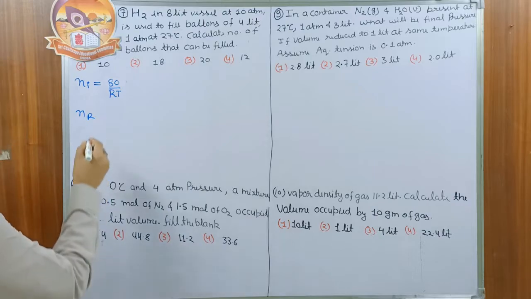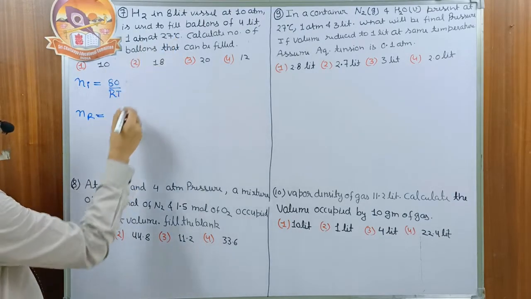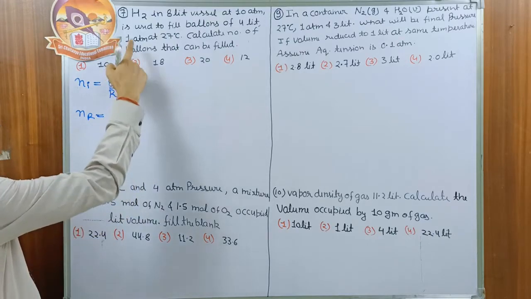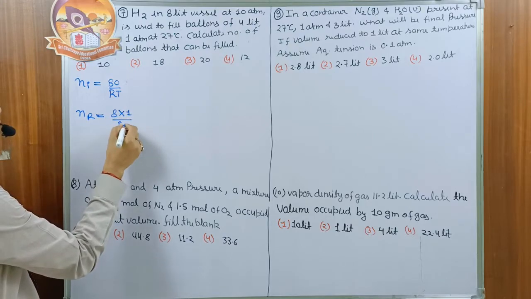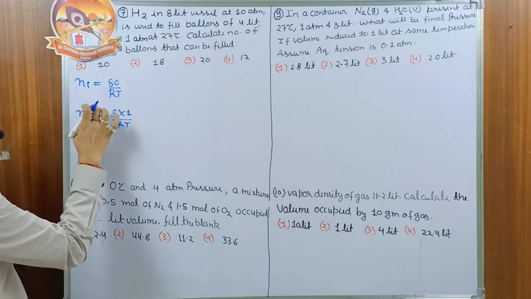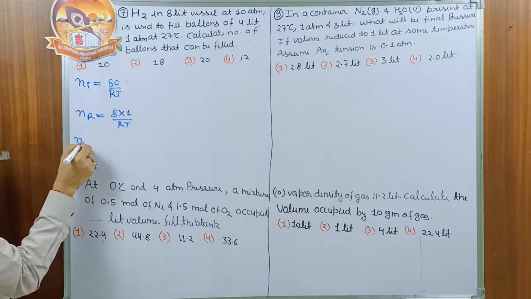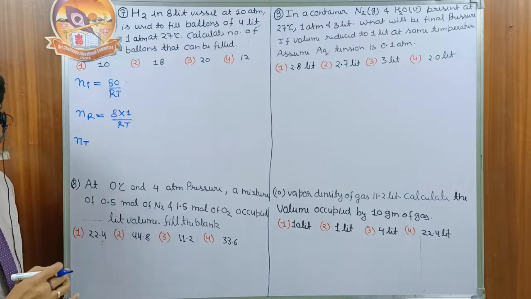The number of moles remaining: the volume is still 8 liters and the pressure becomes 1 atmosphere. So 8 into 1 divided by RT, that is 8 by RT. These are the number of moles remaining. So how many moles can we transfer? Initially moles are 80 upon RT.